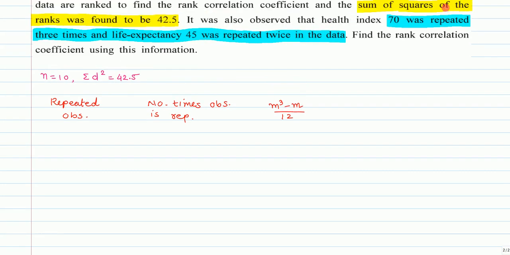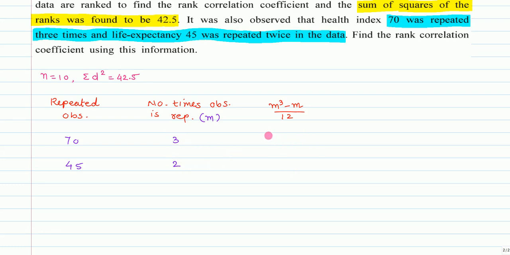The repeated observations are 70 and similarly 45. 70 is repeated 3 times, so m is equal to 3. 45 is repeated 2 times.